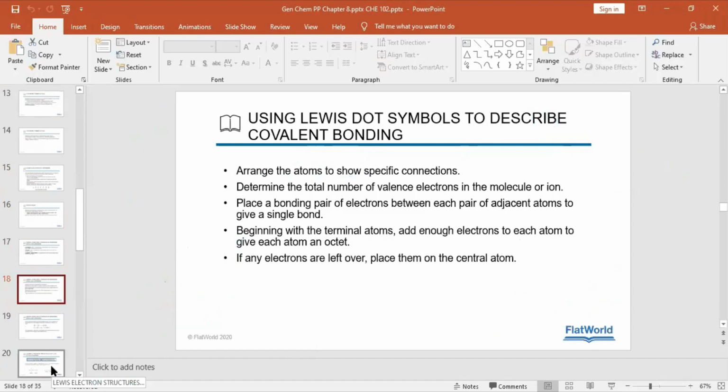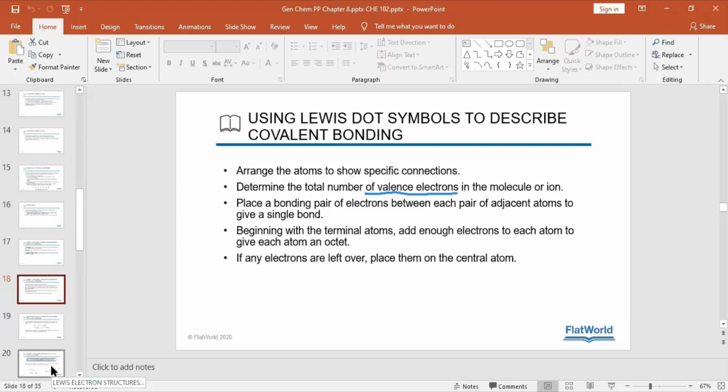So using these dot symbols to describe covalent bonding, we continue. Arrange the atoms to show specific connections. We need to know how to arrange the atoms to show specific connections. There's an important point: determine the total number of valence electrons in the molecule or the ion.